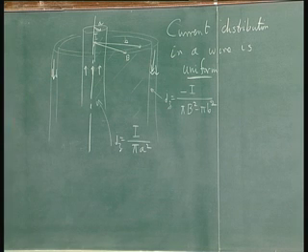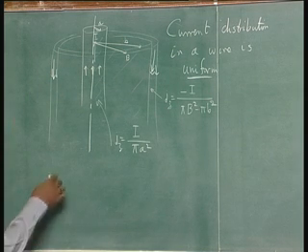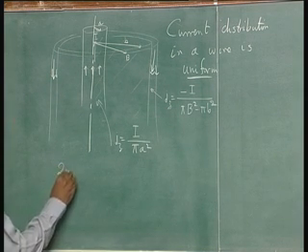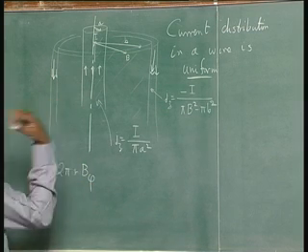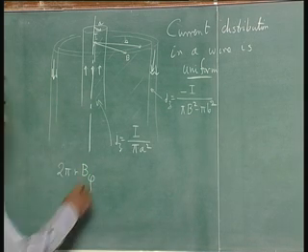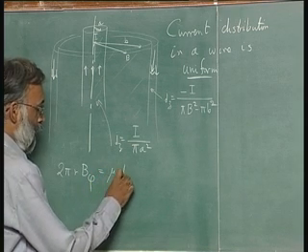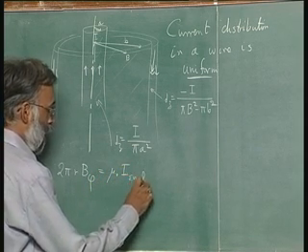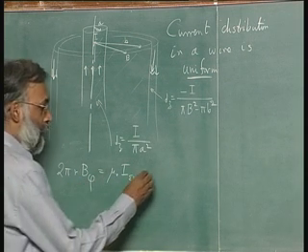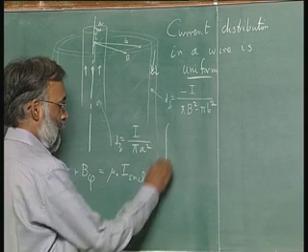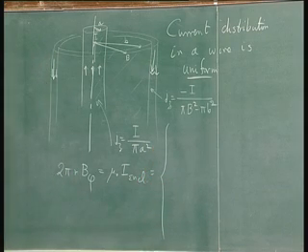Now, I can apply Stokes theorem. So, I get 2 pi r B phi, phi is the polar angle, is equal to mu naught times current enclosed. But this current enclosed is going to be different in 3 different areas.